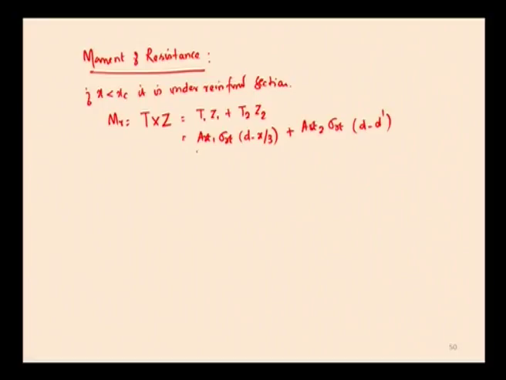So, the moment of resistance is the moment of resistance of a singly reinforced section plus the additional moment of resistance due to the compression steel.